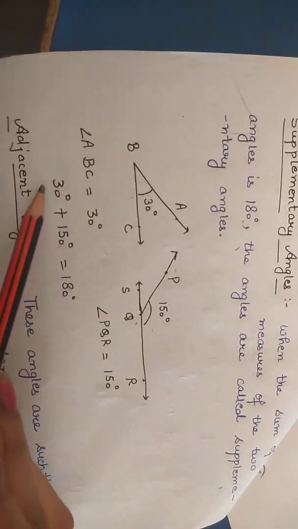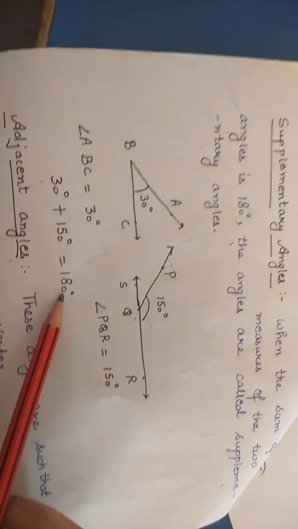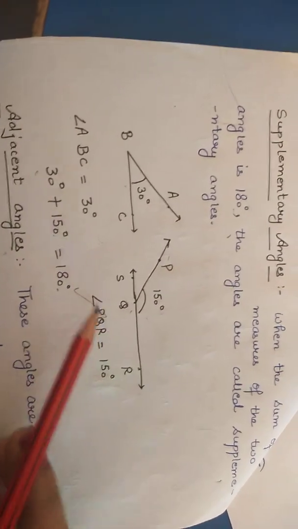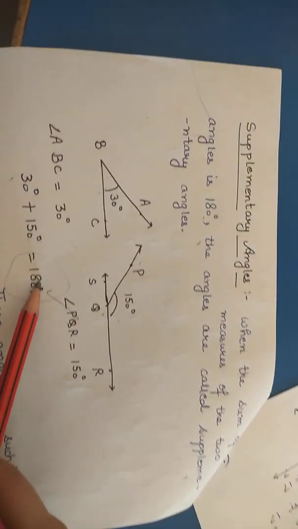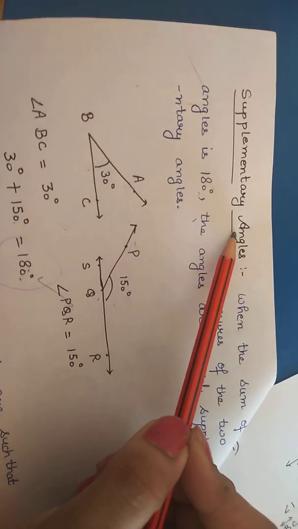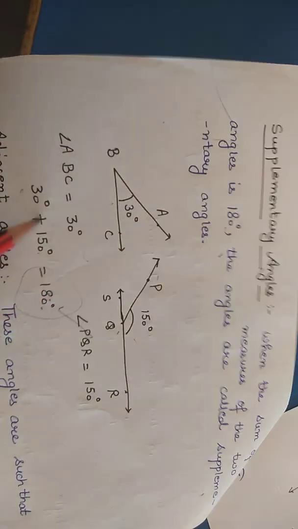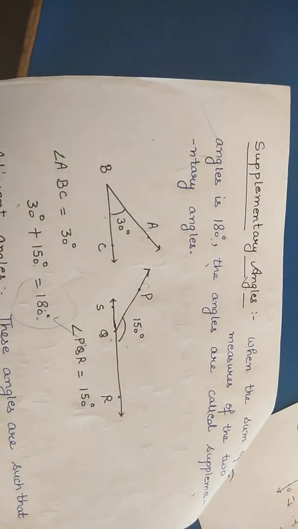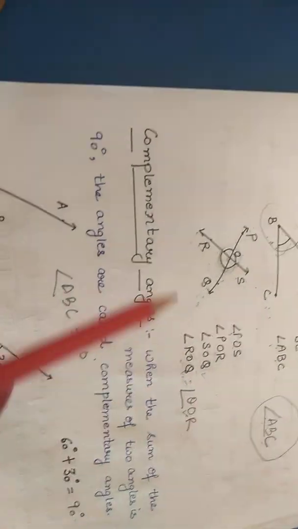So 150 plus 30 is equal to 180. So when the sum of two angles is 180, you can say that these two angles are supplementary. And when the sum of two angles is 90 degrees, you can say that these two angles are complementary angles. So this is the difference between complementary angles and supplementary angles.